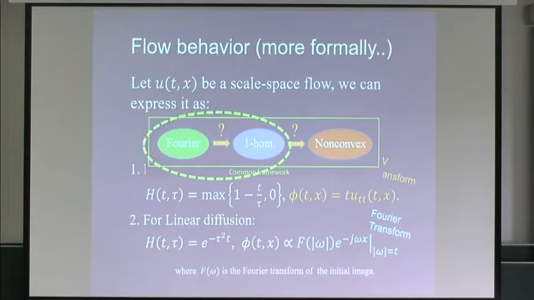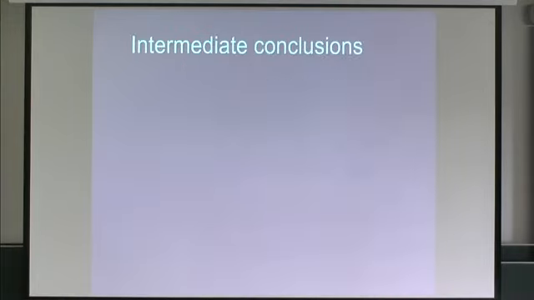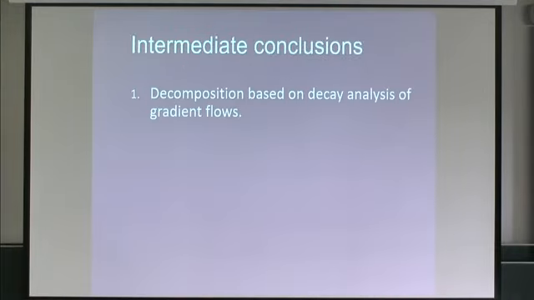So now it seems like we have some common formulation for Fourier and the one-homogeneous spectral decomposition, and we want to go here. The intermediate conclusions are that the decomposition is based on a decay analysis of the gradient flow. We have a family of a single decay profile, a whole family which is just scaled by time.